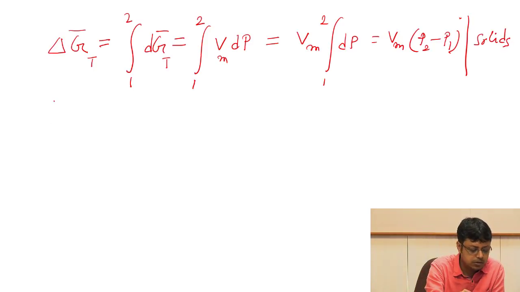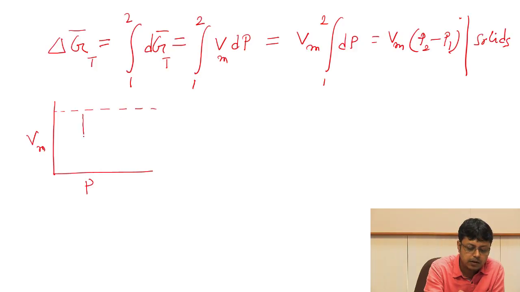And if you now plot how the delta G looks like, the molar volume will be more or less constant, and if I multiply it by P2 minus P1, the delta G will be nothing but the area under this curve.